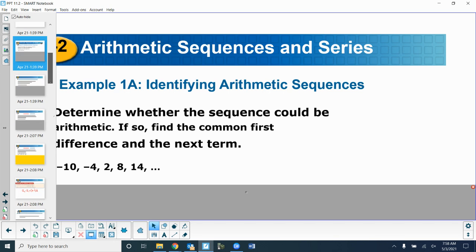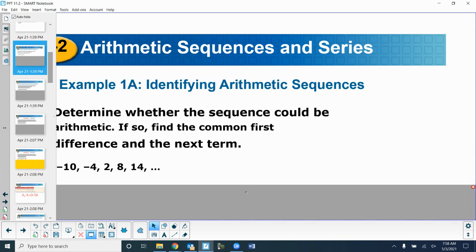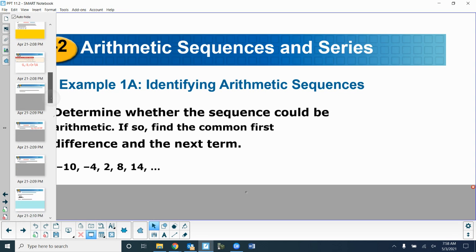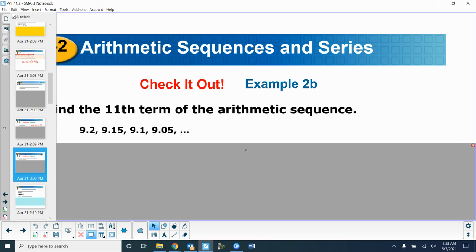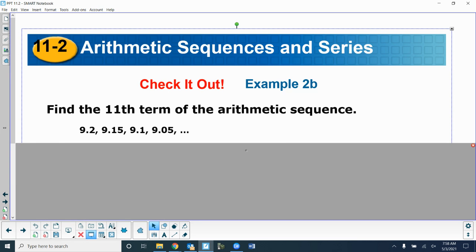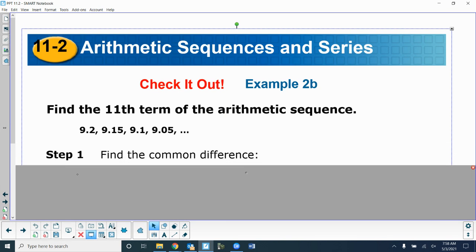We identified those, right? This one we just got done, the other one. All right, so on this one, 9.15 minus 9.2 is what?